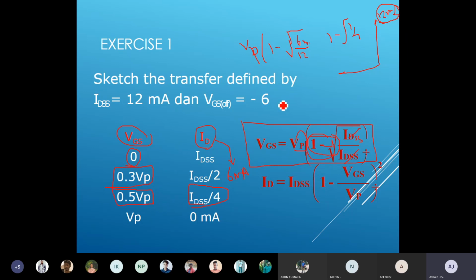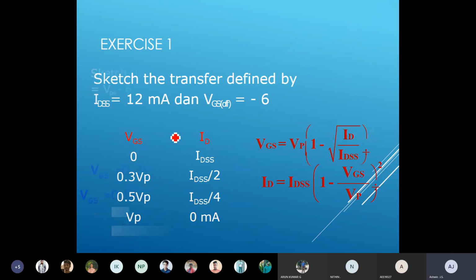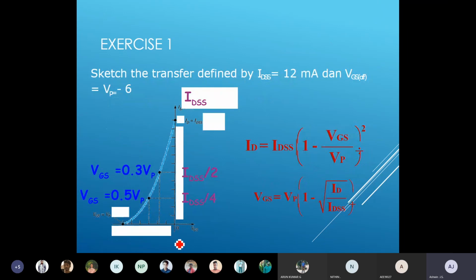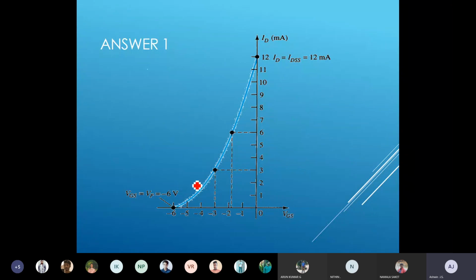Once again, if I substitute IDSS by 8 or 10, and then go up to 12, likewise I will keep changing the value and observe what your VGS is, and then draw the values like this. Initially the value is 12, and at -6 it becomes 0.